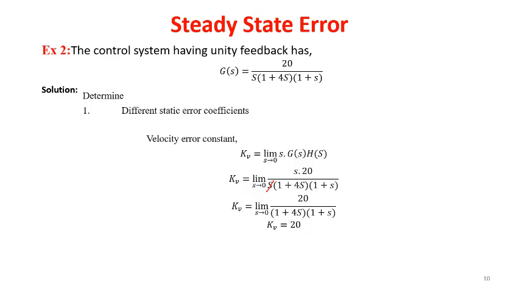Here s and s get cancelled, then we substitute s equal to 0. These terms will be 0, and we remain with 20 divided by 1. So the velocity error constant is equal to 20.